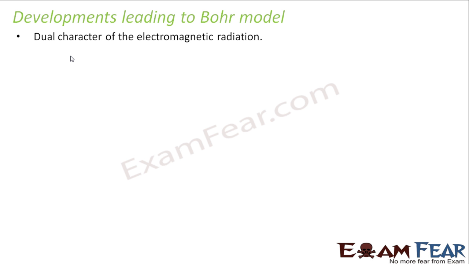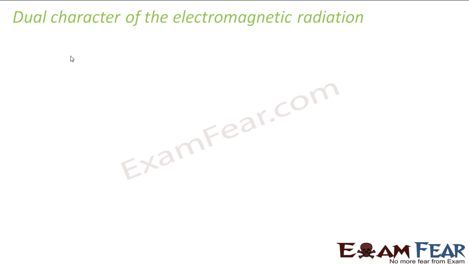The first one was the dual character of electromagnetic radiation. Rutherford's model could not hint anything about dual character. And the second one was the experimental results regarding atomic spectra. It also could not explain anything about the atomic spectra. So in order to cover these two areas came Bohr's model.